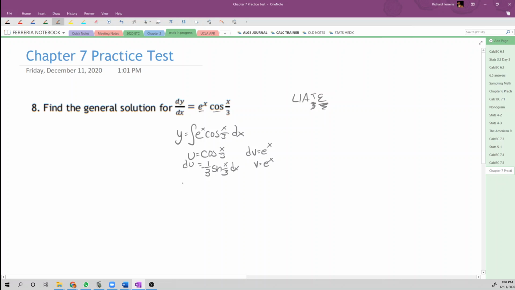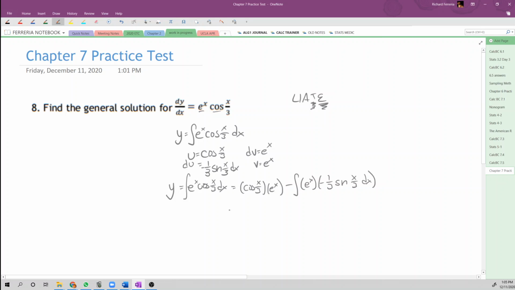So the first time we do our integration by parts, we get y equals the integral of e^x cosine(x/3) dx, and that's equal to u times v, which is cosine of x over 3 multiplied by e^x, minus the integral of v du, which is e^x times negative 1/3 sine of x over 3 dx.